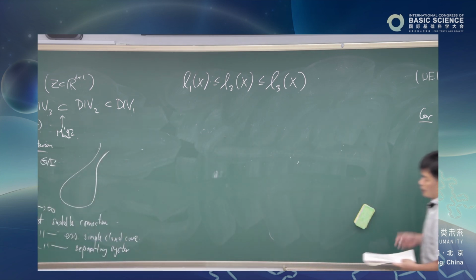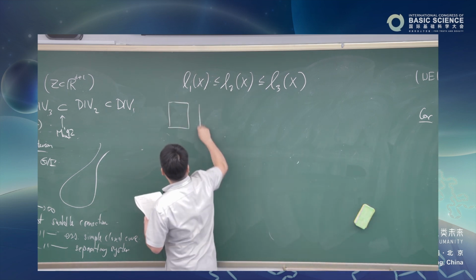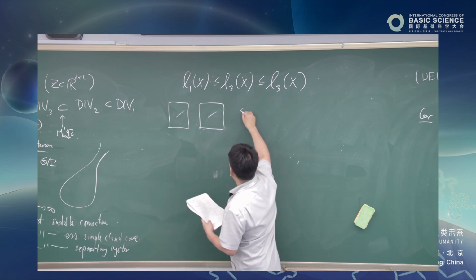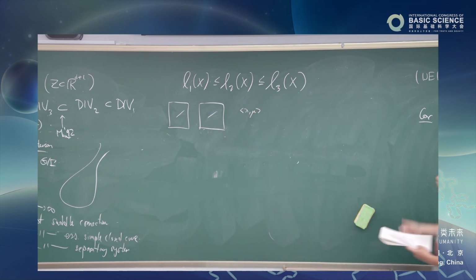So now back to our situation. We have a surface, we have the slit. We call this a holonomy vector. A holonomy vector is a pair of real numbers (lambda, mu).